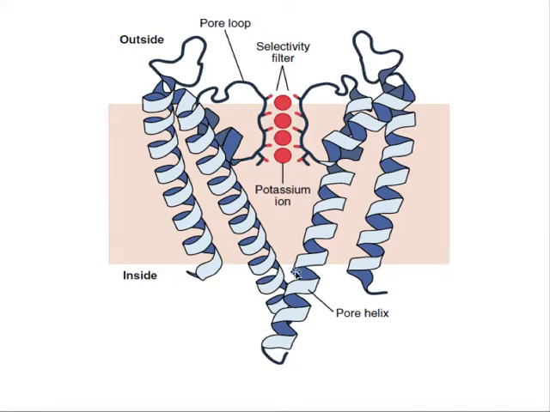Now, this potassium channel is specific for the transport of potassium ion only. And how does it become specific for the potassium ion only? That depends on the diameter of the channel, its shape, and the chemical bonds and the charges lying inside the channel. So all these factors determine that the ion which is going to pass through this channel will be potassium only.